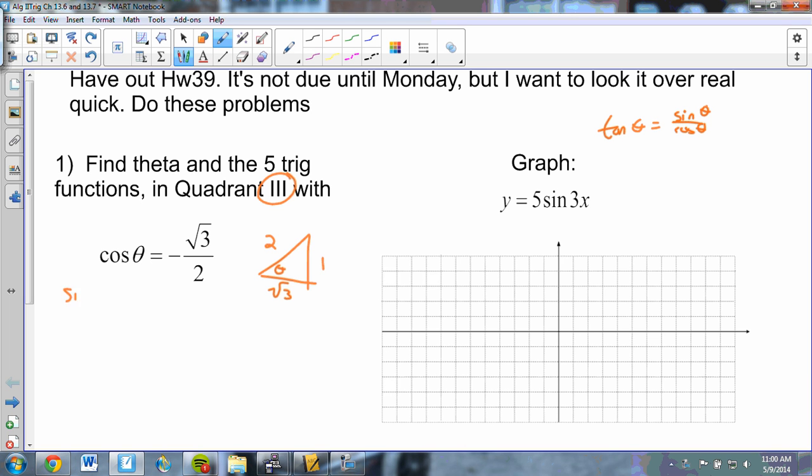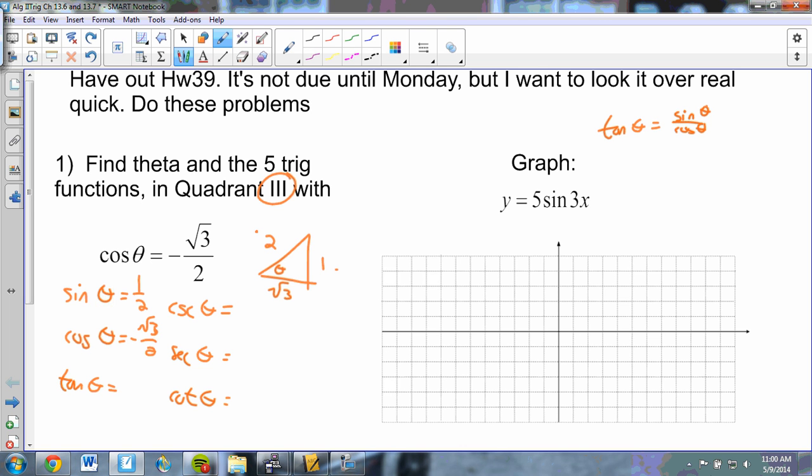So now I can find sine, cosine, tangent, cosecant, secant, cotangent. Sine of theta is going to be opposite over hypotenuse, or 1/2. Cosine of theta we already have.